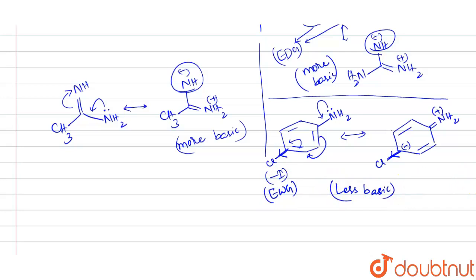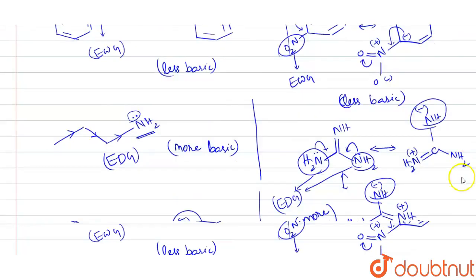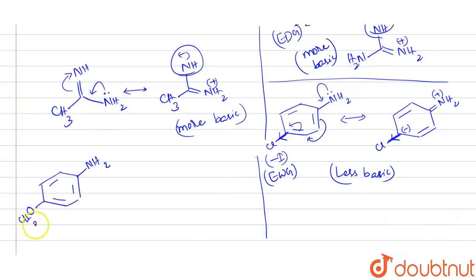Now let us look at the next compound, and here we have OCH3 attached in the para position. So now this nitrogen can share its electron pair, but this oxygen that is linked to the phenyl ring can also share its electron pair with the ring, which further increases the electron density on nitrogen atom, so that we'll get another structure like this.